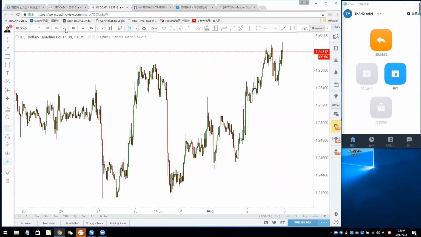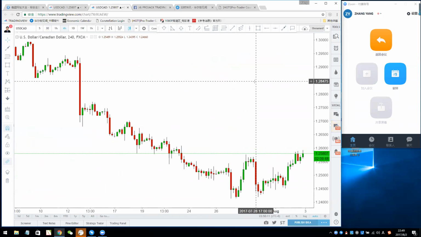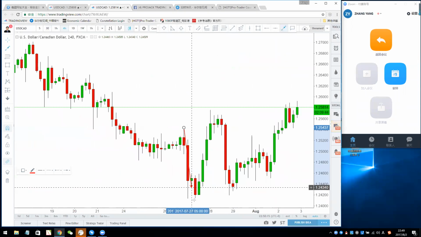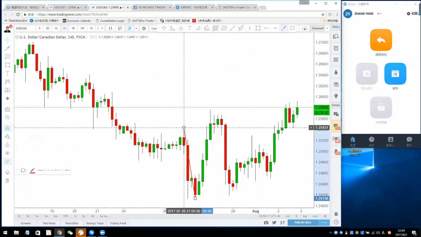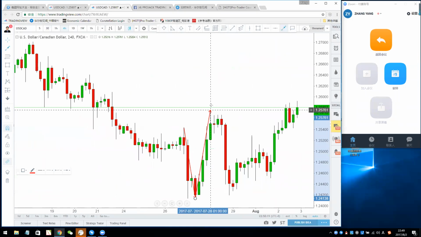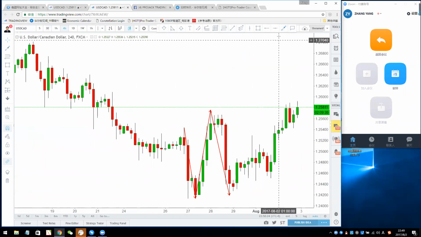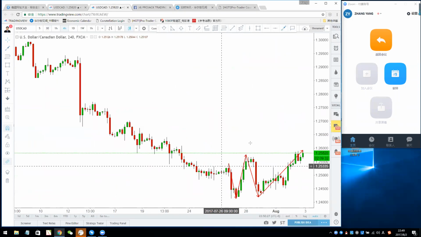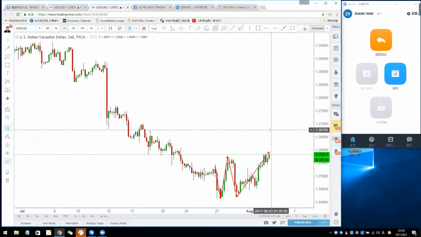Okay, because in the 4-hour chart you can clearly see that the last lower high, okay, this high is being violated, right? It breaks new high and have a higher low, okay, and another higher high, right? So the dollar CAD have a upside momentum already.